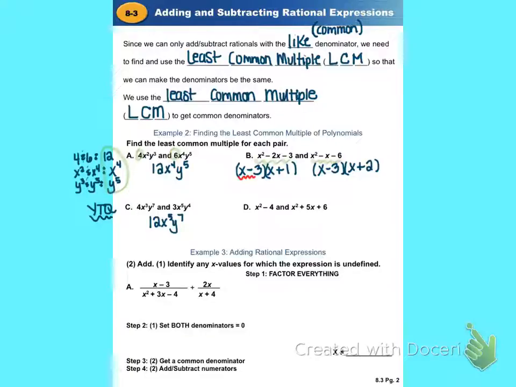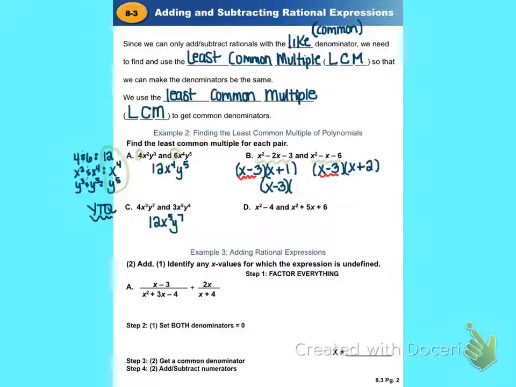And so now if you take a look, these two polynomials actually had something in common. They both had an x minus 3. So I know that's actually going to be part of the least common multiple. But then the one on the left actually has an x plus 1, and the other one doesn't have an x plus 1. So the one on the right would actually need an x plus 1, and the one on the left would need an x plus 2 because it doesn't have that factor that the other one has.